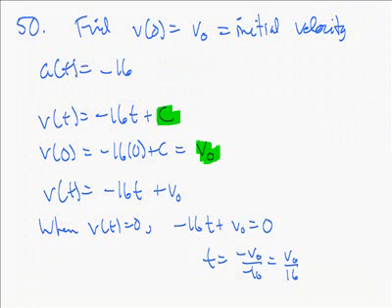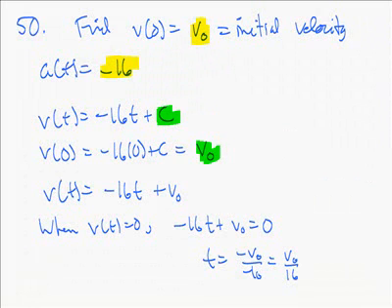That's what we're trying to find, this v sub 0. But what we do know is that when the velocity is equal to 0, we can solve for t and say it's whatever the initial velocity was divided by 16. This is all because we know our acceleration function was negative 16 feet per second per second.